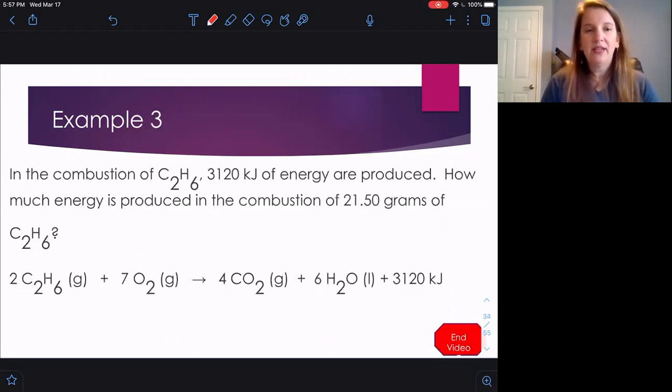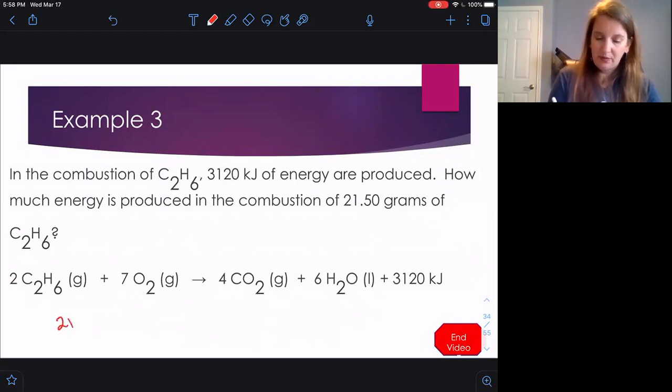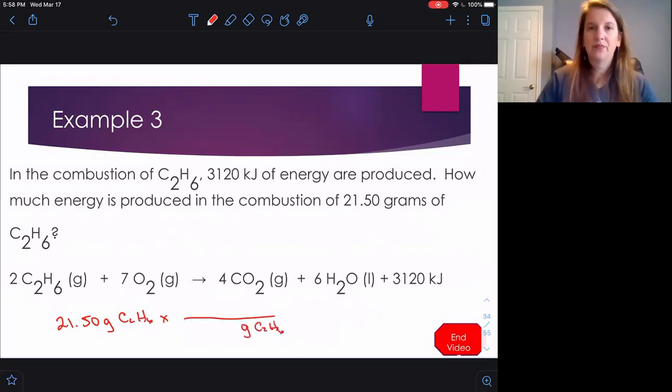And then our example 3: in the combustion of C2H6, 3,120 kilojoules of energy are produced. How much energy is produced in the combustion of 21.50 grams of dicarbon hexahydride? We would start with our given, 21.50 grams of C2H6. Now, what are we going to put at the bottom of our conversion factor here? The molar mass.